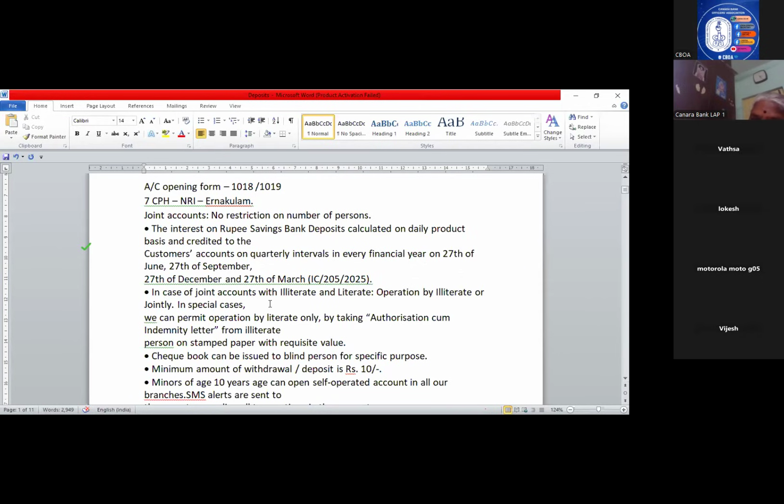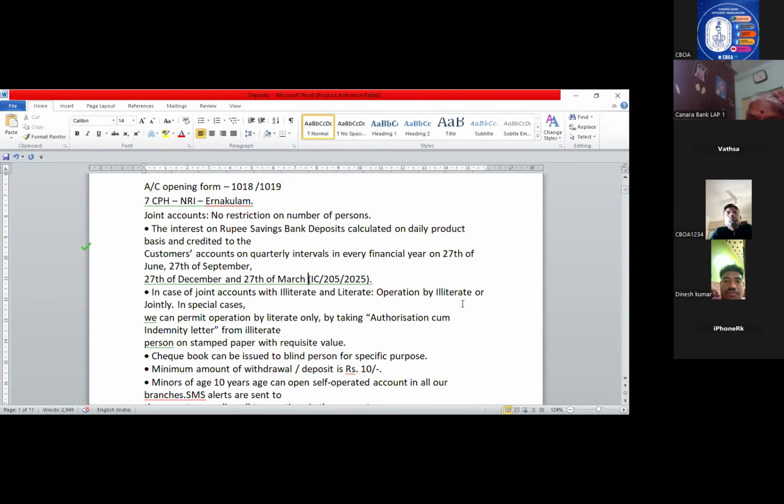In case of joint accounts with literate and illiterate, operation by illiterate or jointly only we can open. We can open only with the illiterate as the number one person because the money belongs to him. So we can open it only for the illiterate person; either or survivor we cannot open, former or survivor, or number one or survivor we can open.